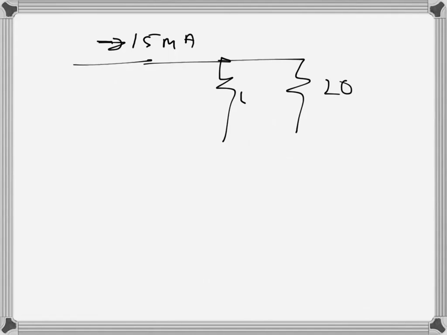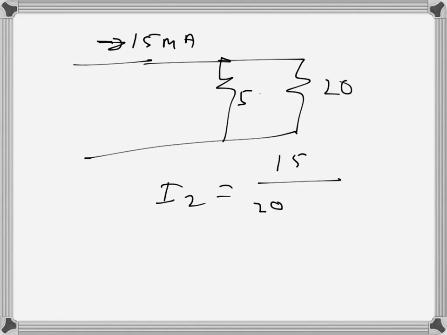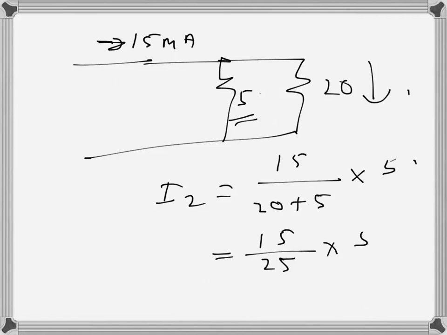So we apply the current divider rule again, and it becomes 15 over 20 plus 5 times 5, because we are interested in this current. So 15 over 25 times 5, that is 3 milliamps. That's the current I2, the current through the 20 kilo ohm resistance.